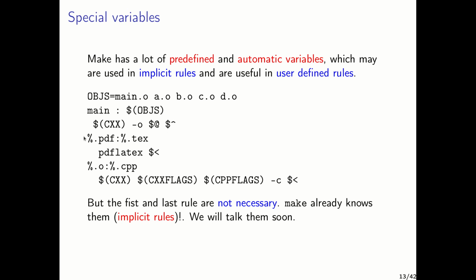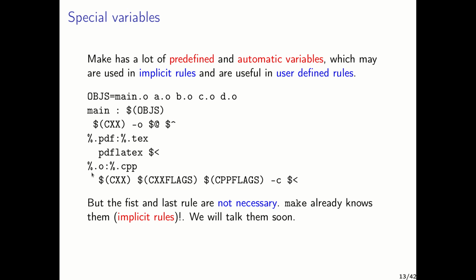I can also do things like that. Take all files that have extension PDF, which depend on the same stem with, however, extension .tex. And to generate the PDF from the tex, you have to run pdflatex on the corresponding file.